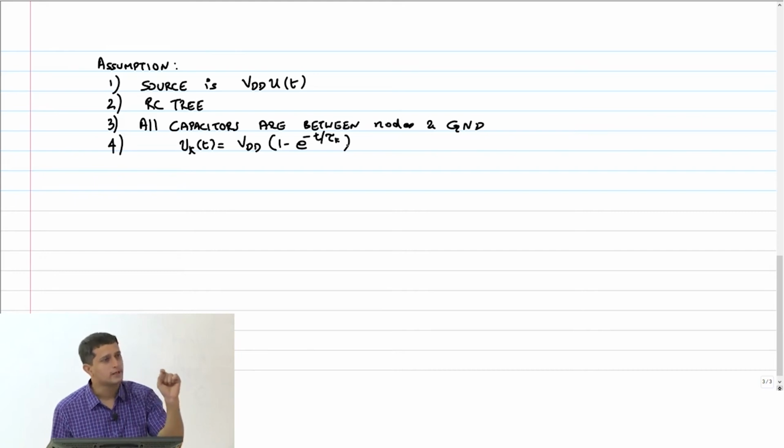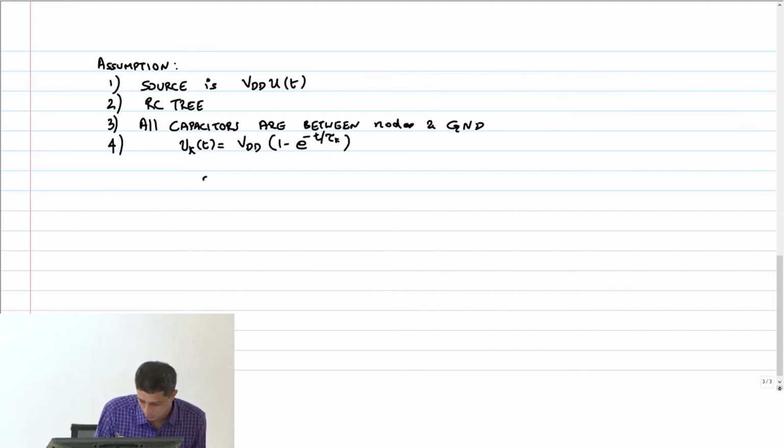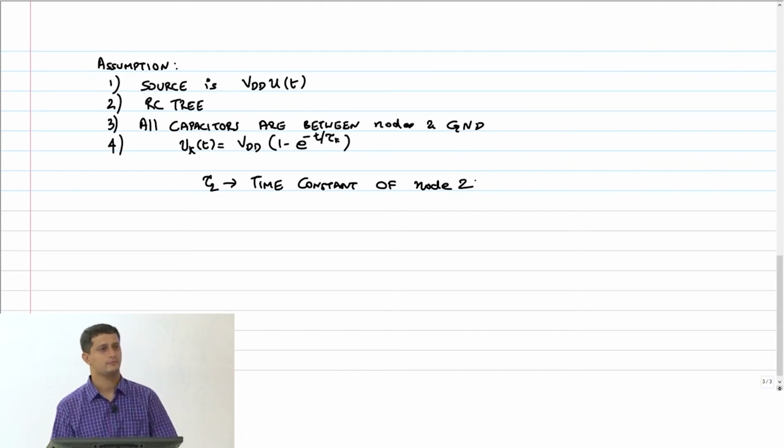Node 2 will rise with a time constant tau 2, node 4 will rise with a time constant tau 4. So tau 2 is the time constant of node 2, and that's our destination node now.